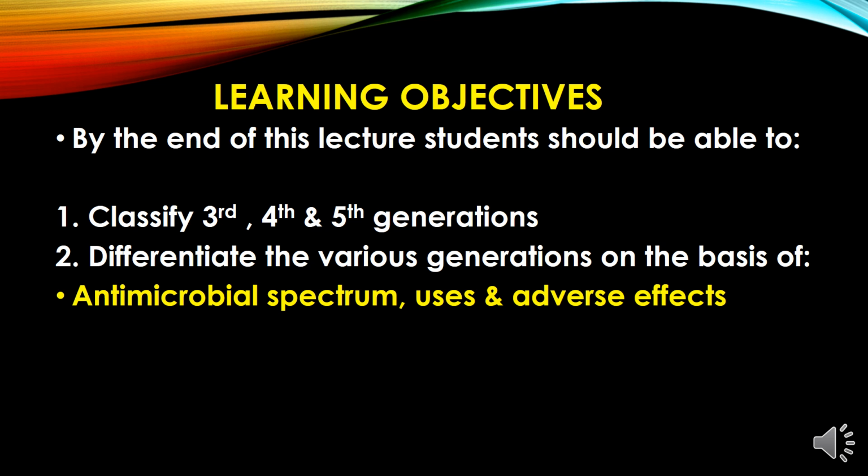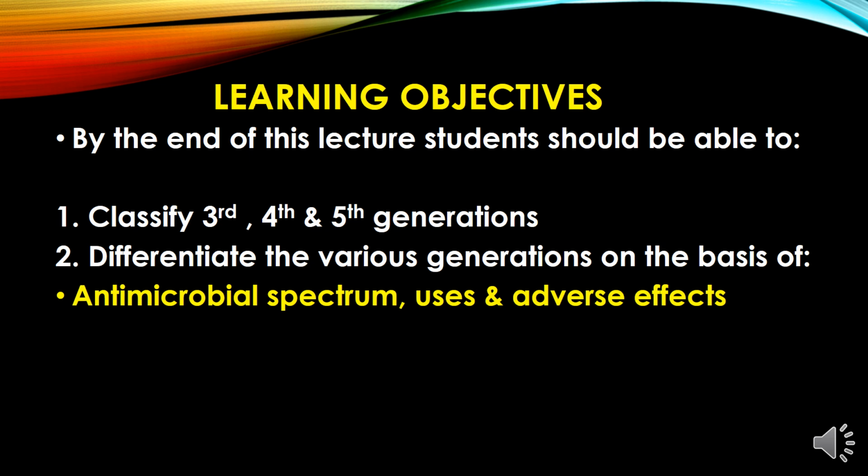So the learning objective of today's lecture is that at the end of this lecture, all the students should be able to, number one, classify third, fourth and fifth generations. Number two, differentiate between the various generations on the basis of antimicrobial spectrum, uses and adverse effects.